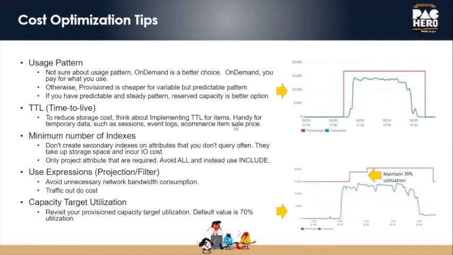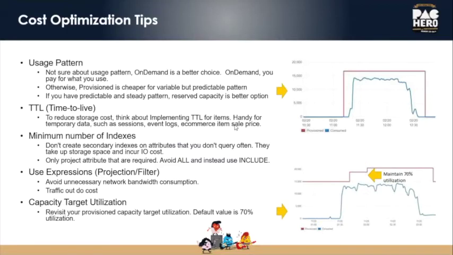So for those kinds of things, you can have a time to live attribute in DynamoDB. What it will do is, when that time to live value is breached, it will delete that record from the table.